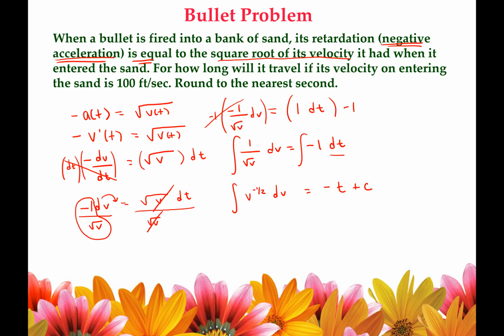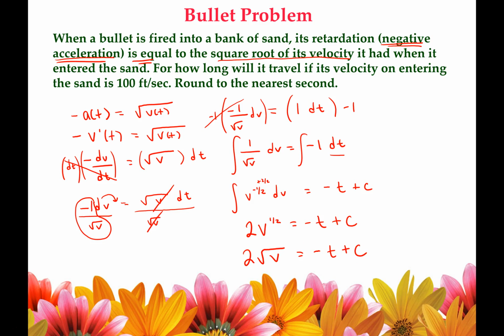Now, integrating this, I add 2 over 2 to the exponent, which gives me v to the 1/2, and then dividing by 1/2 is the same as multiplying by 2. So folks, all I've done here is just integrate. I'm going to rewrite this as 2 the square root of v equals negative t plus c.